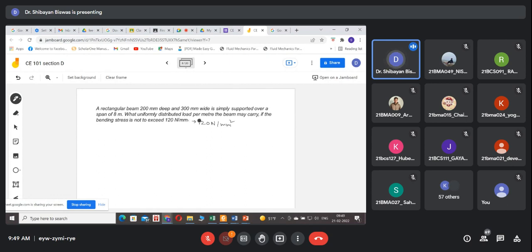What uniformly distributed load per meter may the beam carry if the bending stress is not to exceed the given maximum bending stress? We have to find the uniformly distributed load per meter, that W we used to see, that W we want to calculate.